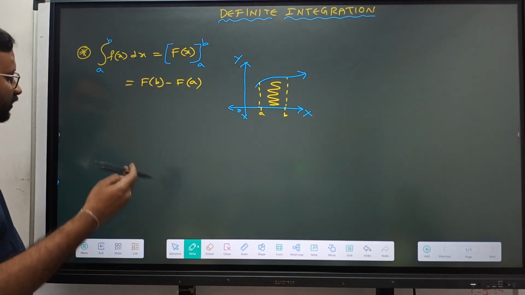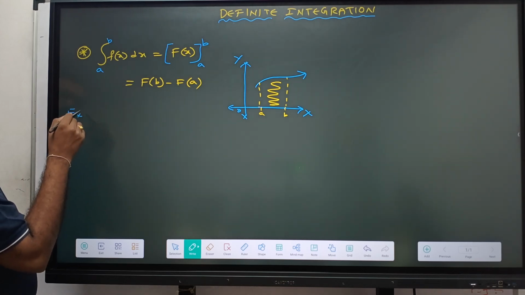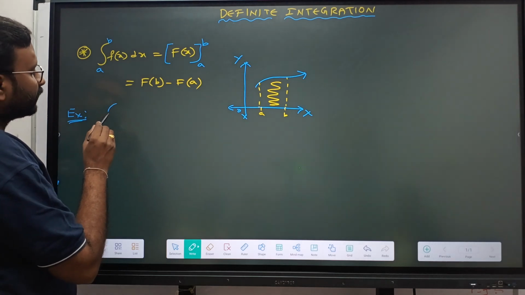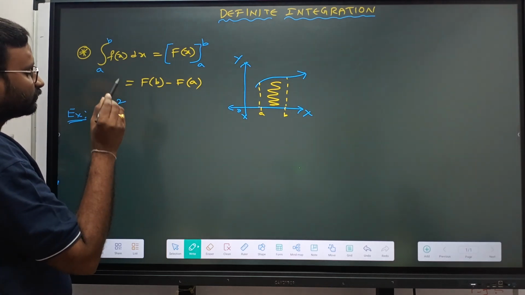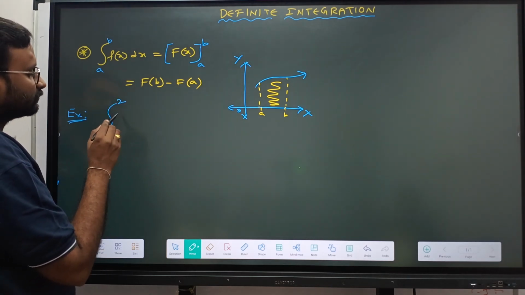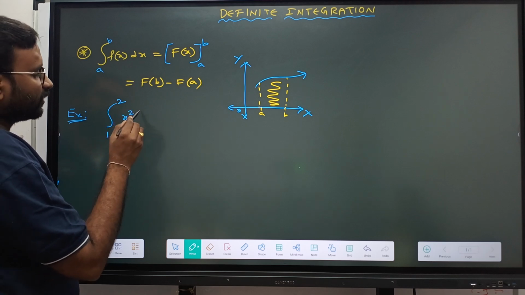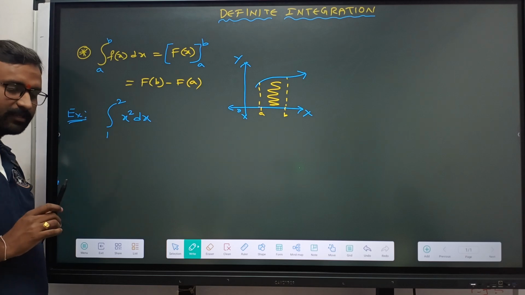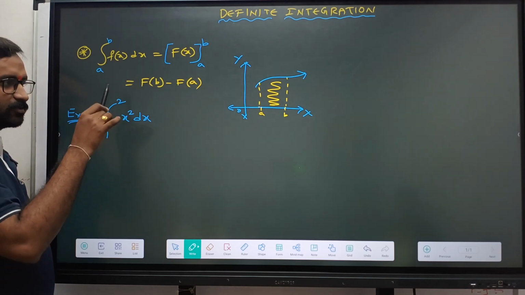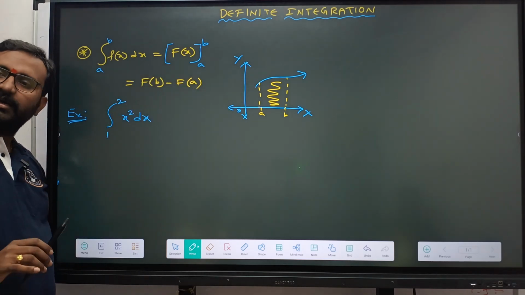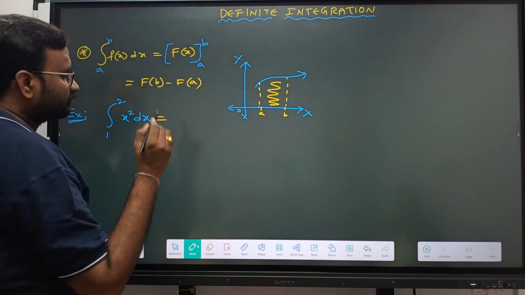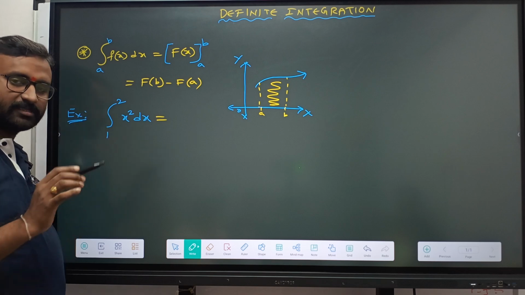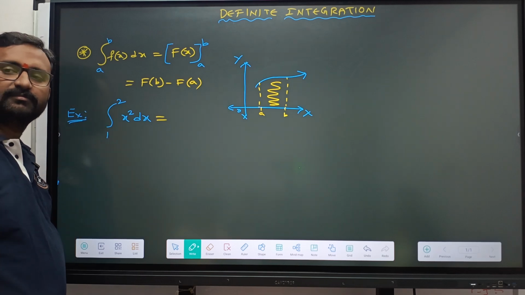Understand? For example, I'm taking a question: integral 1 to 2 of x square dx. This is the question. For the x square curve on the x-axis from 1 to 2, what is the area? First forget the limits. What is the integration of x square?